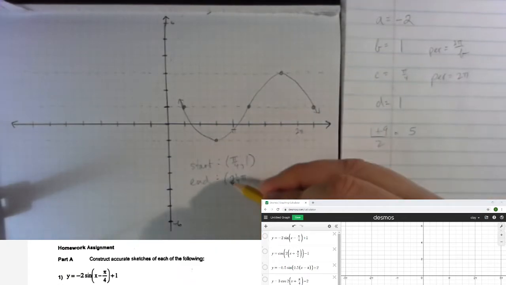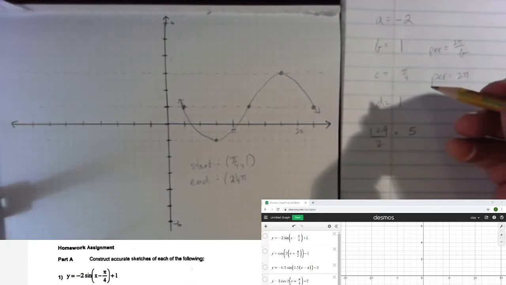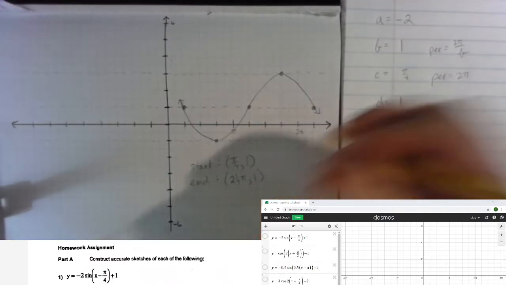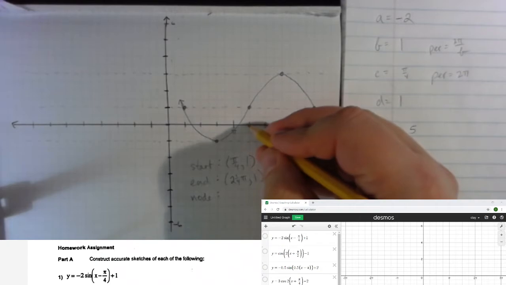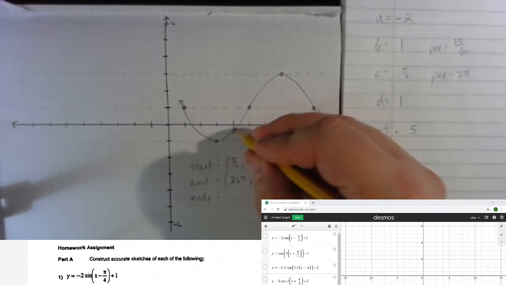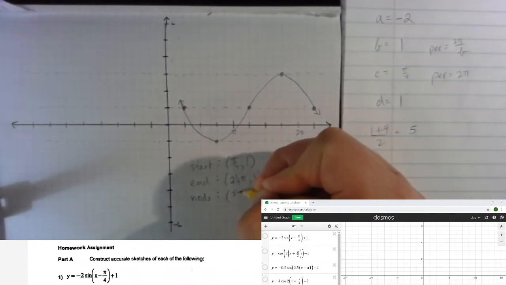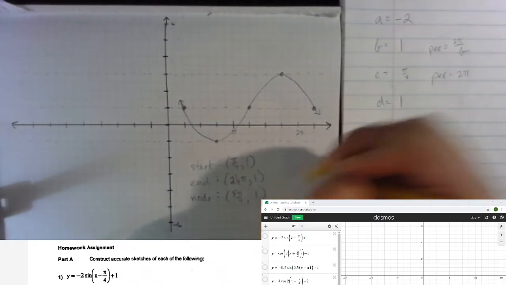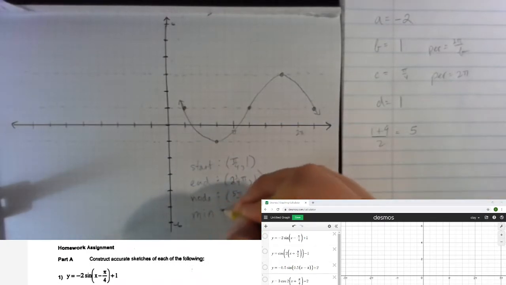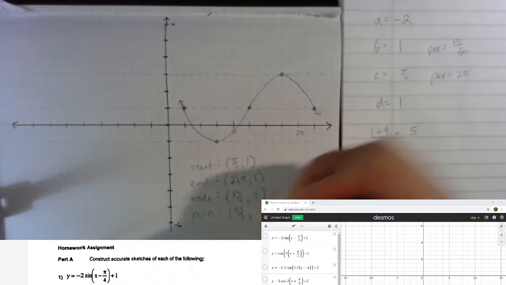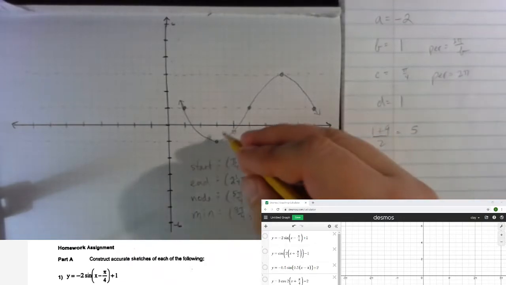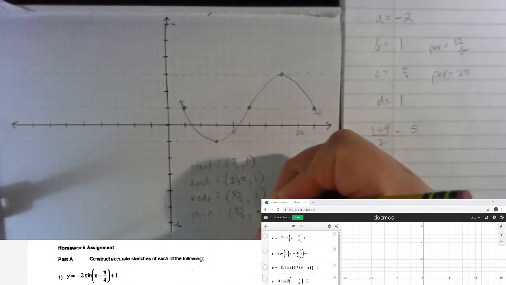Or if you want to change that to an improper fraction, that'd be 9/4 pi. It has its nodal point at 1/4 past pi, so that's 4/4, 5/4. And it has a minimum here at 3 pi by 4, and that'd be -1.